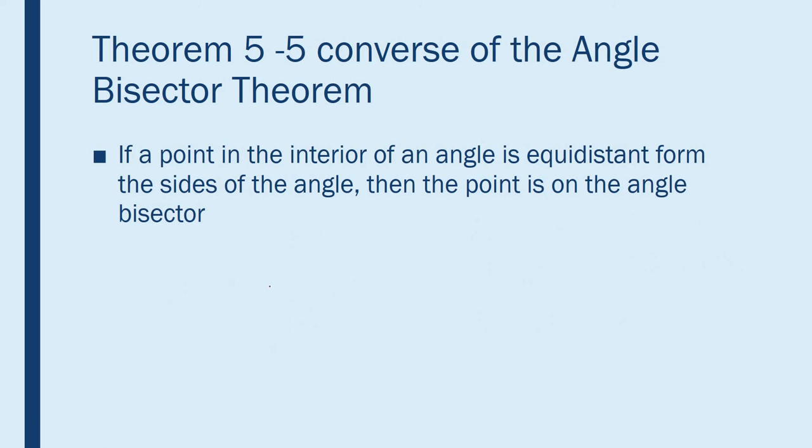The converse, if there's some point in the interior of an angle that is equidistant from the sides of the angle, then the point is on the bisector.